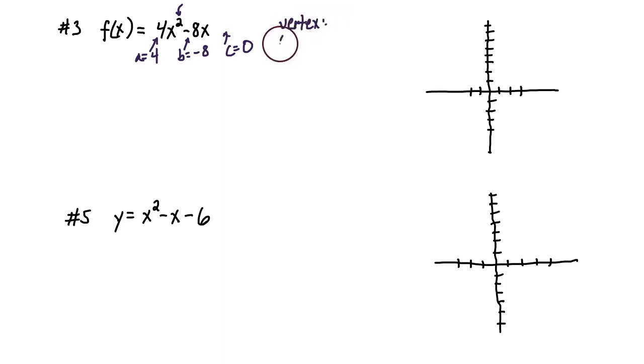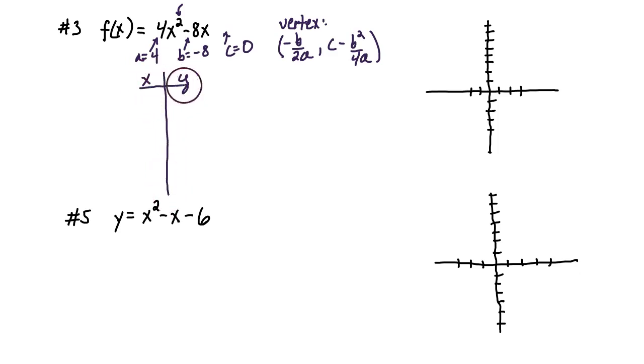We're going to use the formula, negative B divided by 2A, comma, and then C minus B squared divided by 4A. Let's apply those formulas using our values for A, B, and C. The reason we're doing that is to get dots in an XY table. Let's start with the middle row of the table because that's where you record the vertex.